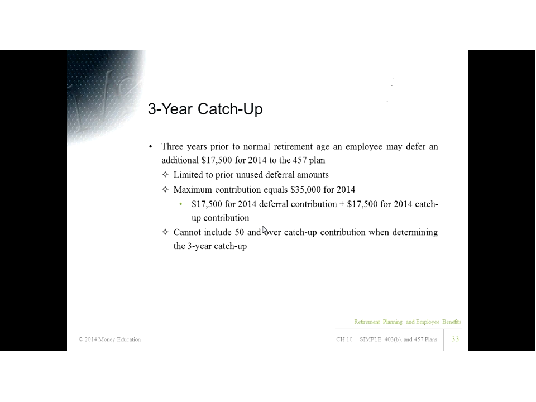If you're 50 but not in the last 3 years, the catch-up is $5,500. $17,500 plus $5,500 equals $23,000, just like a 401(k) and 403(b). So at 49 it's $17,500; from 50 through age 61 it's $23,000; from 62 up to 65, the last 3 years, it's $35,000.